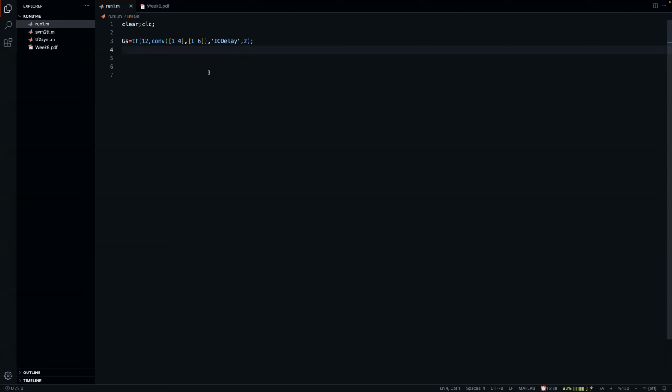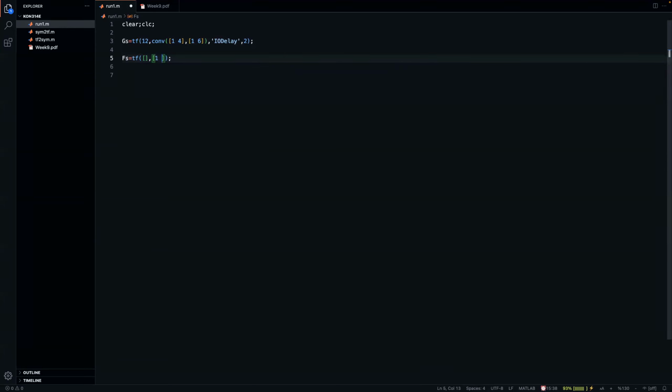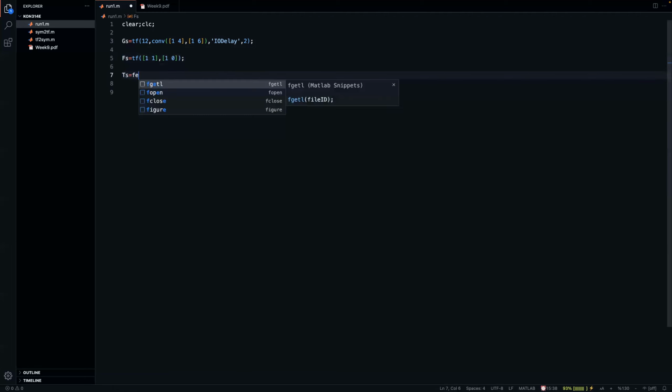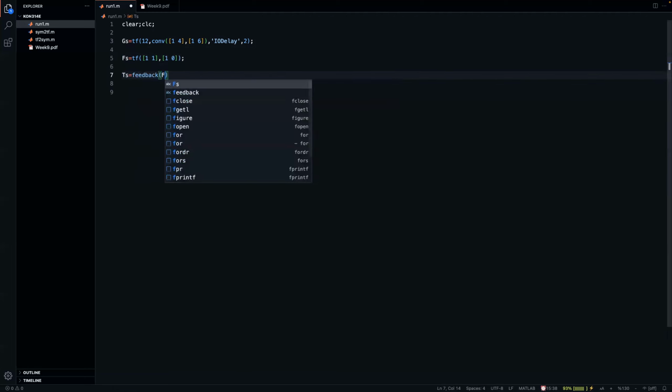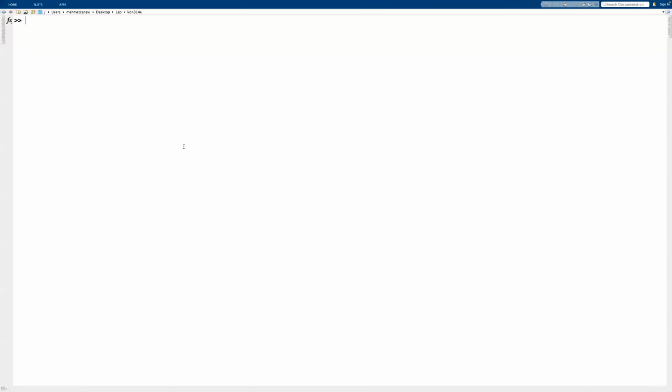Now, if you have such a system, let's come up with an arbitrary controller. Let's have a PI controller, for example. For some reason, this is going to be the controller. And when we have the feedback, let's see what happens.